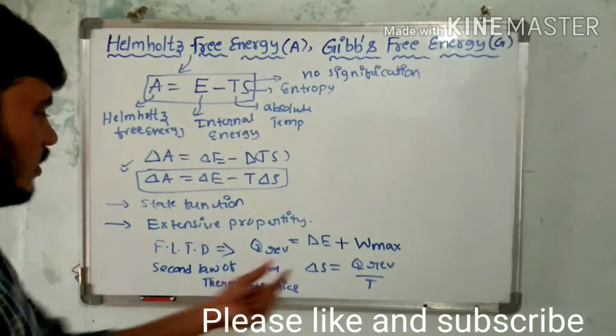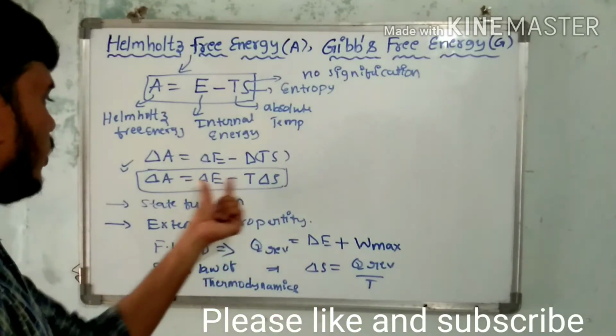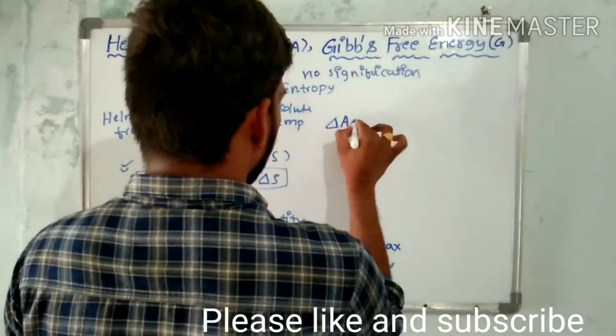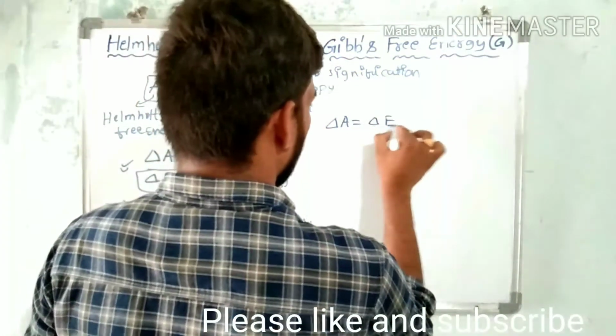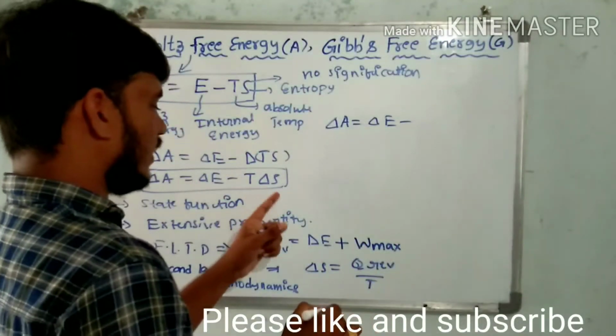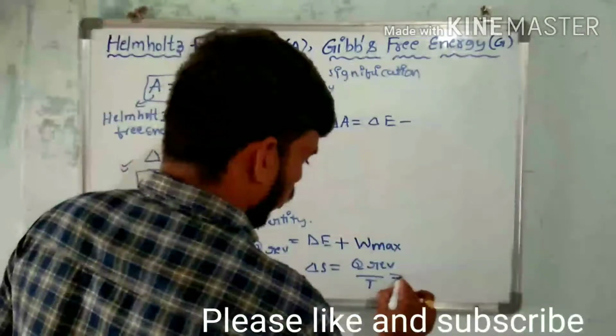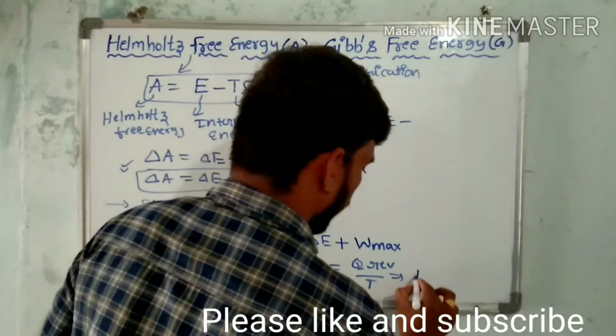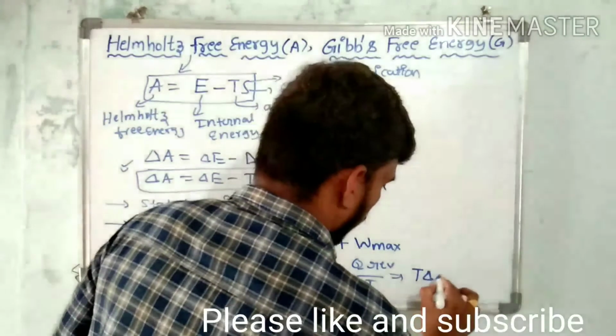Now these two are substituted in this expression. Delta A is equal to delta E minus T delta S. T delta S means Q reversible. In this expression, Q reversible is equal to T delta S.